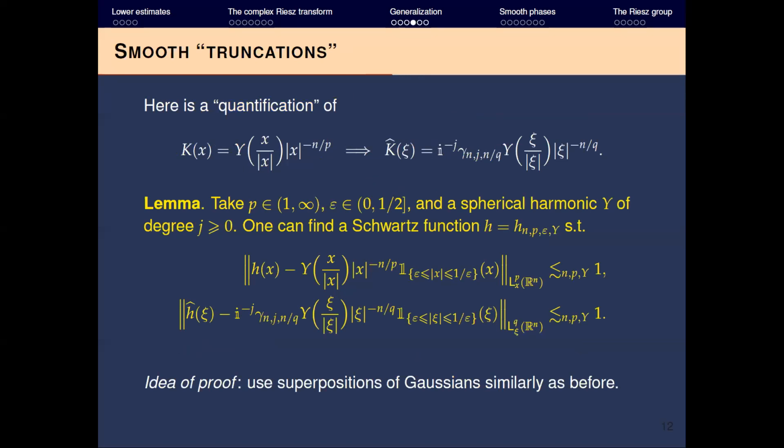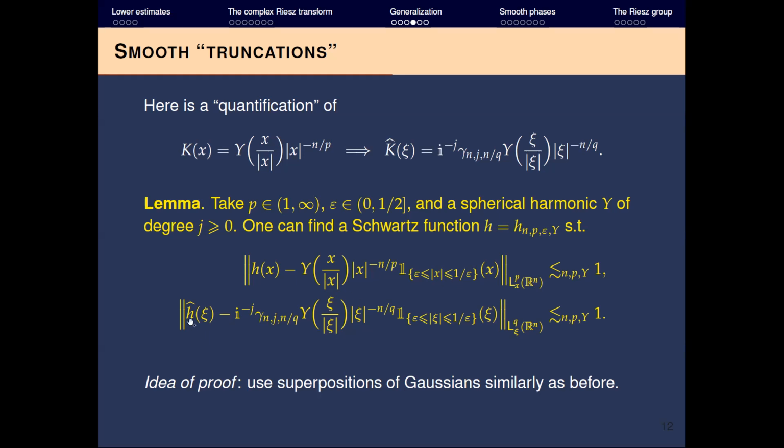So what's the proof of this general result? It's actually somewhat easy. We just have to quantify this Stein and Weiss formula that I just mentioned before. We have to quantify it in the following sense, that for p, epsilon, and any spherical harmonic, you can find a Schwartz function that approximates those spatial truncations of the first function quite well, right?